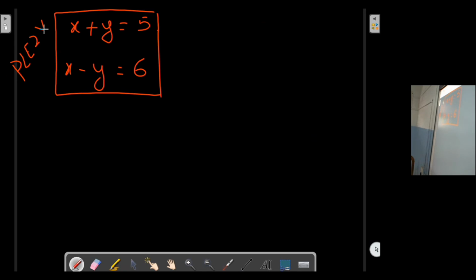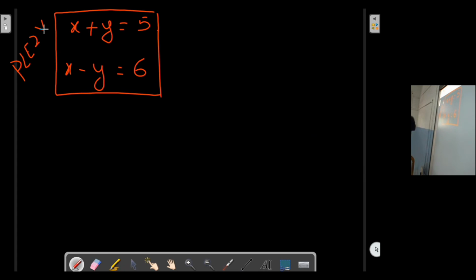Why have these two equations become a pair of linear equations in two variables? That's a very good question. Because these equations have the same variables. Yes or no? Yes, obviously.